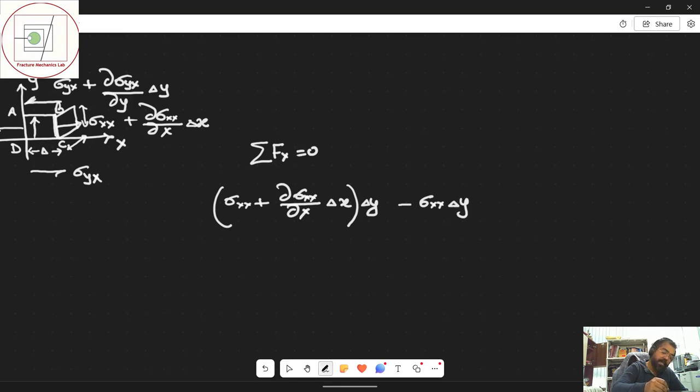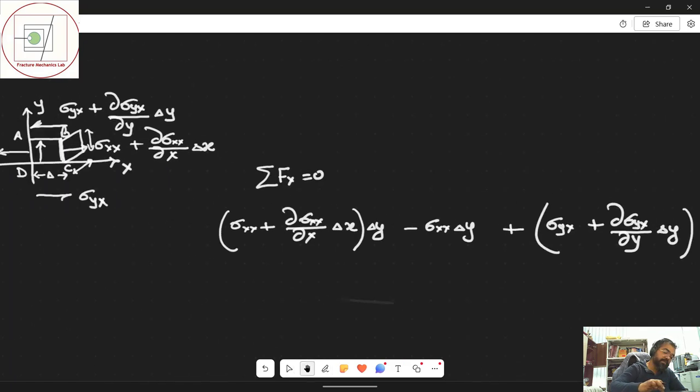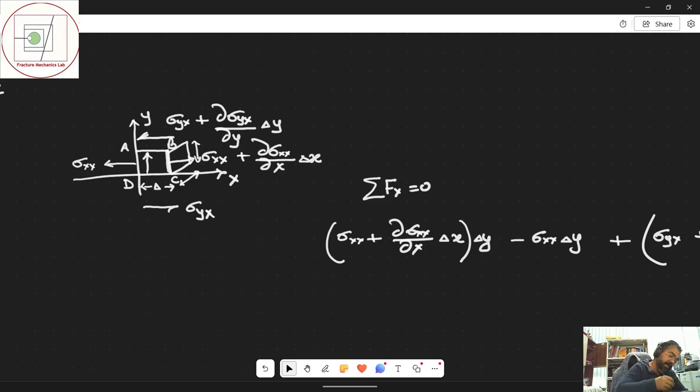and then I have the shear stress, which will be sigma yx plus del of sigma yx del y multiplied by delta y, and this is again the stress, and this stress is multiplied by this area.